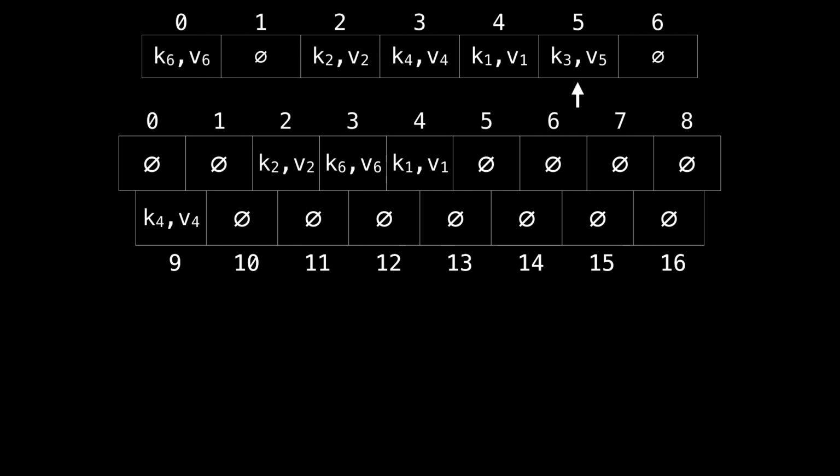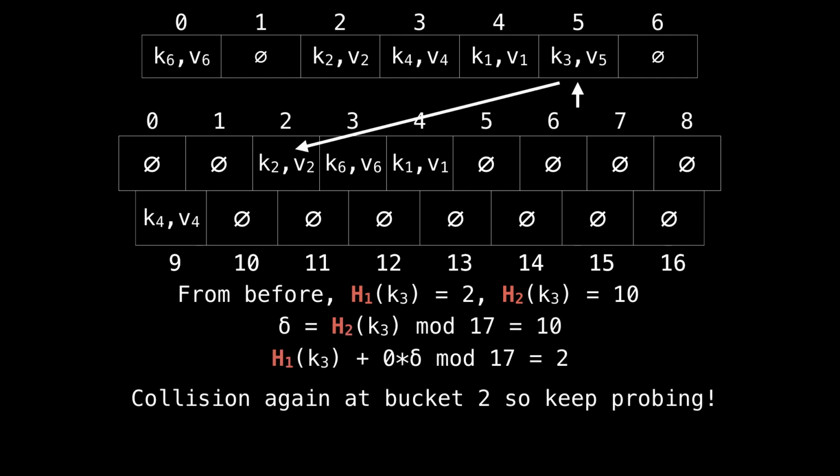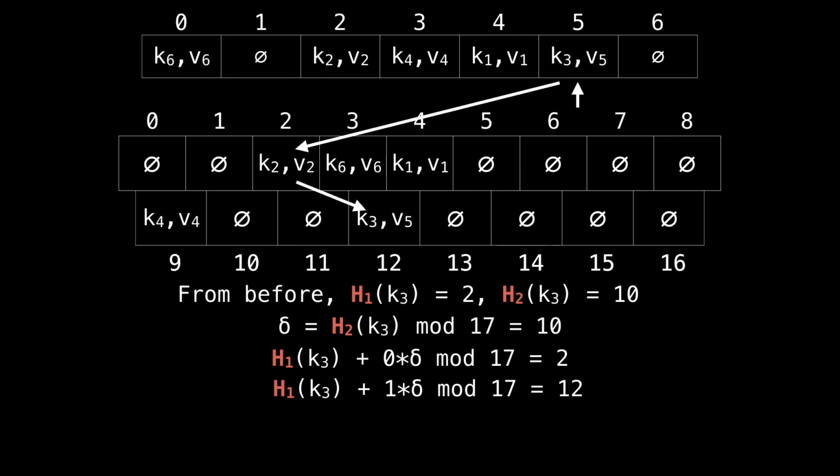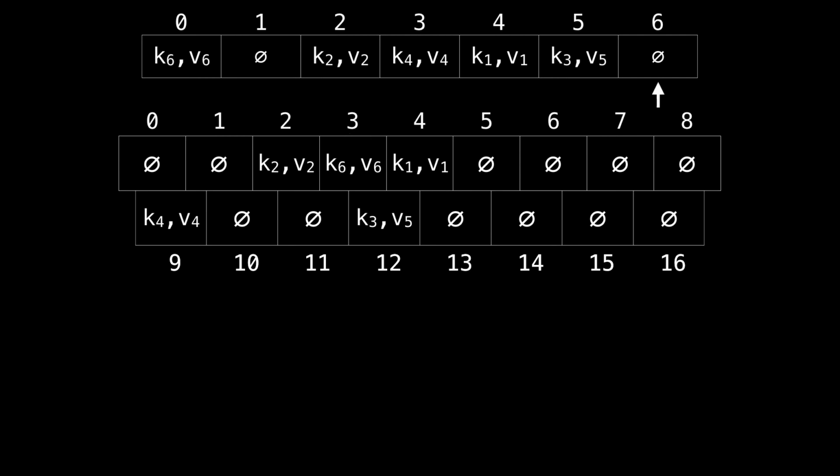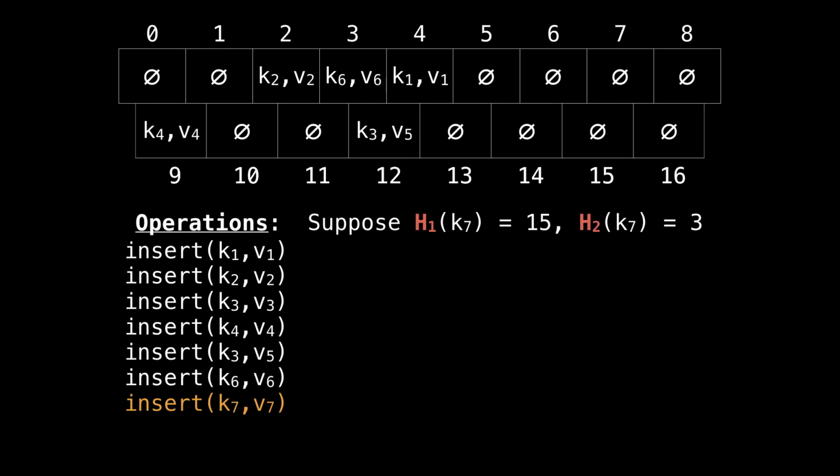And the last one, k3. So from before, h1 of k3 is 2 and h2 of k3 is 10. Delta is then 10. And we have a hash collision. So 1 times delta now gives us 12, and that slot is free. And we reached the end of the new table.